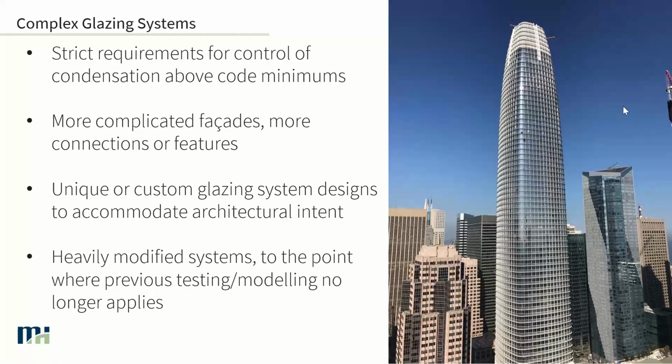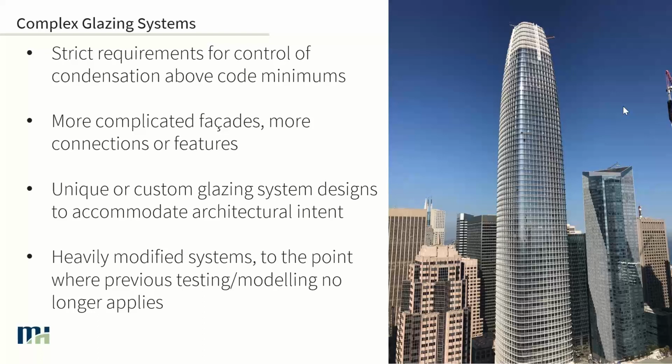So for all of these styles of buildings that employ complex glazing systems, when they're looking for strict requirements to control condensation that are above those code minimums, they often employ much more complicated facades. They may have more connections or more features that are somewhat unique to that building.